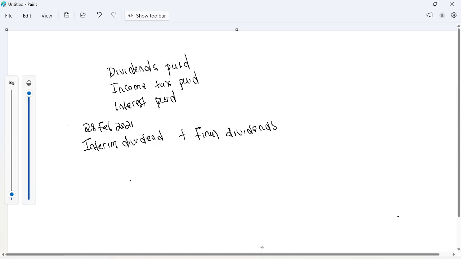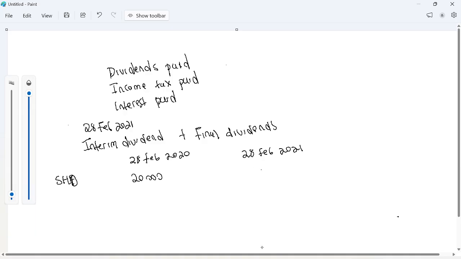Now, guys, for example, you can have a financial period, let's say 28 February 2020, and then 28 February 2021, right? Let's say our shareholders for dividend for 2020 was 20,000, right?